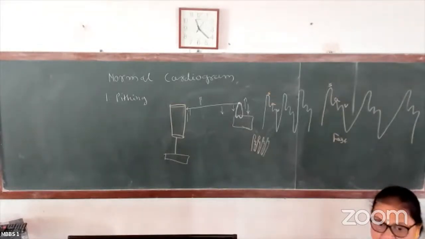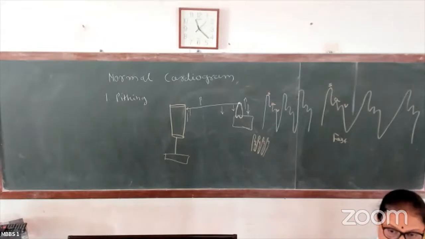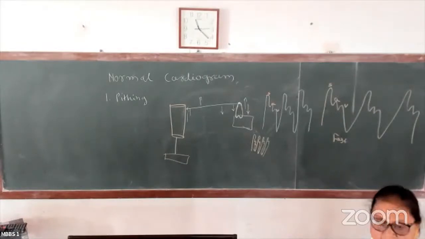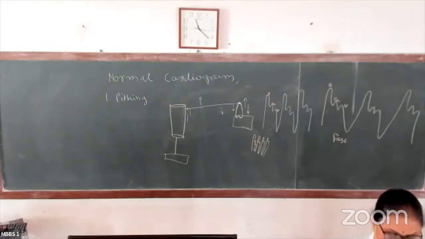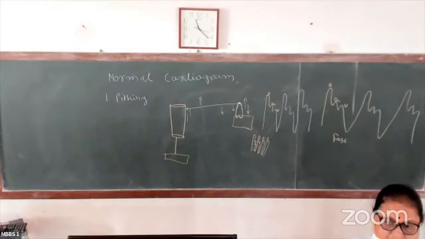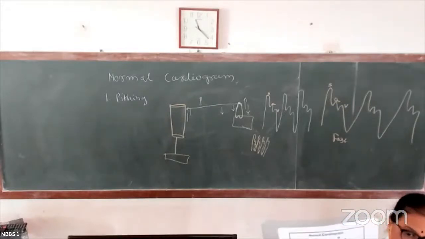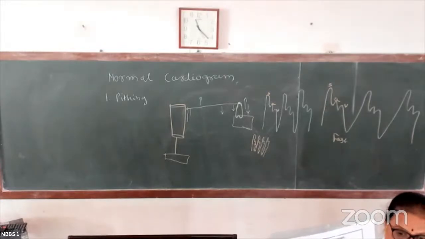So what is S? Sinus rhythm. A, atrial rhythm, and V is ventricular rhythm. Write down these questions also. For this graph, 3 marks. For the graph and chart, we put this chart, and each graph carries 3 marks.